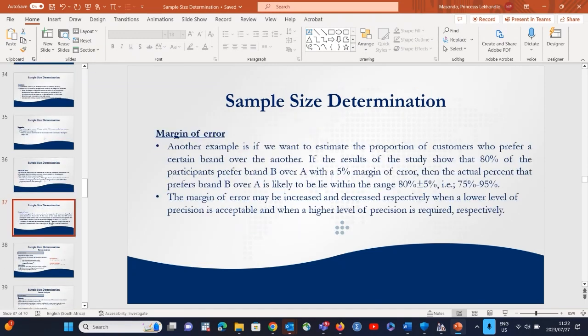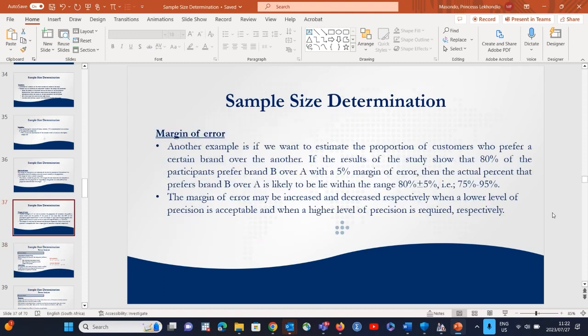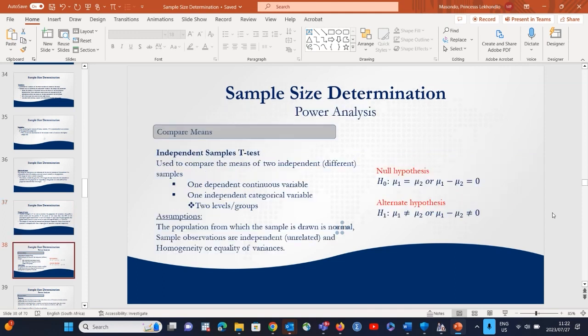So at UNISA, we have SPSS as the software that we are using. There are others, there is also SAS, but the software that we as an office provide support on is SPSS.